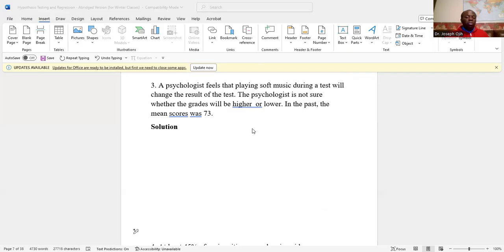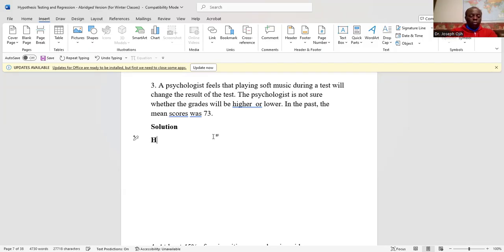It doesn't say whether it's an increase or decrease, it says that it will change. The psychologist is not sure whether the grade will be higher or lower. In the past, the mean score, average score, is 73. It might mean that it can decrease or increase.